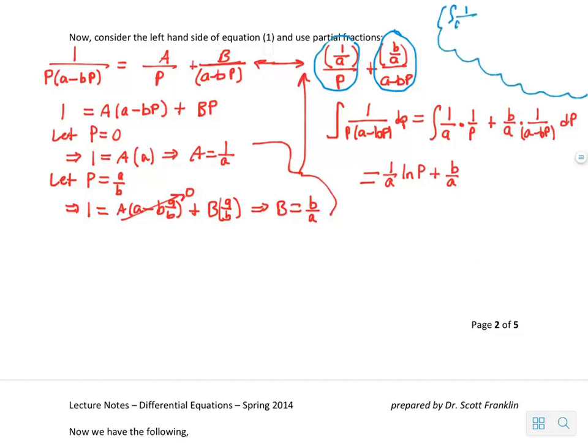Integral of 1 over a minus bp dp, negative 1 over b, natural log of a minus bp. All right, so that equals negative 1 over b times the natural log of a minus bp.